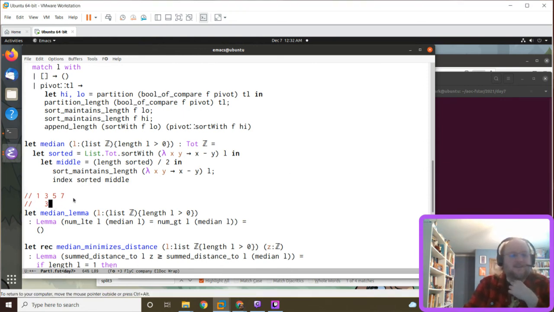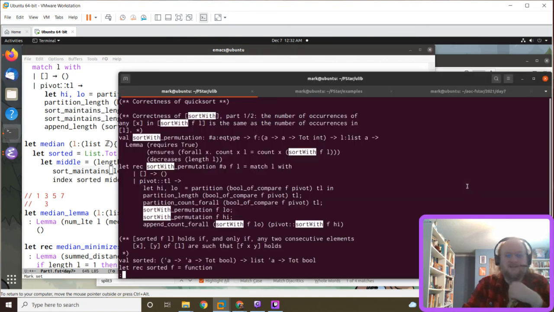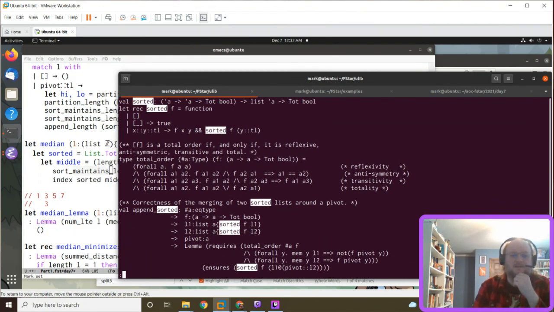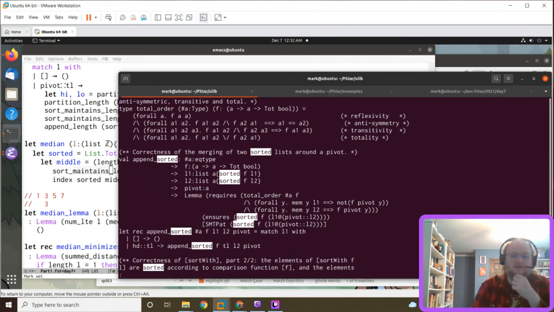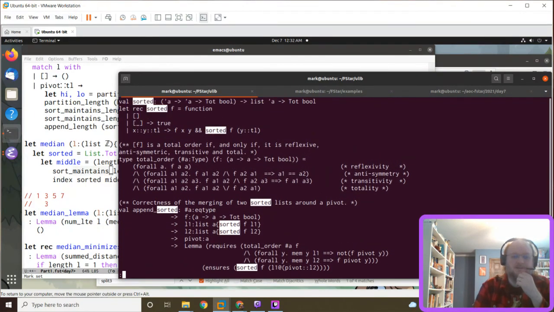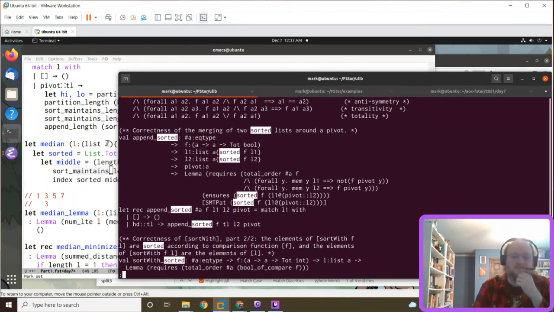It feels like the fact that it's sorted, maybe that's what we need. Like if we picked the median as our pivot. Hmm.